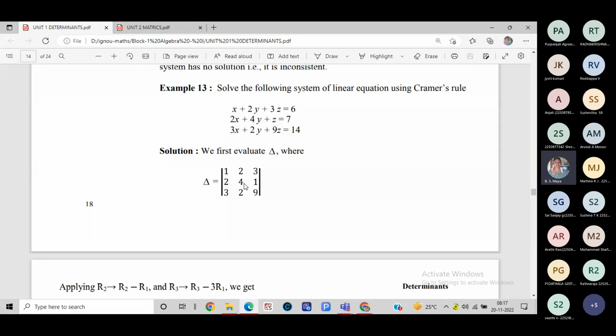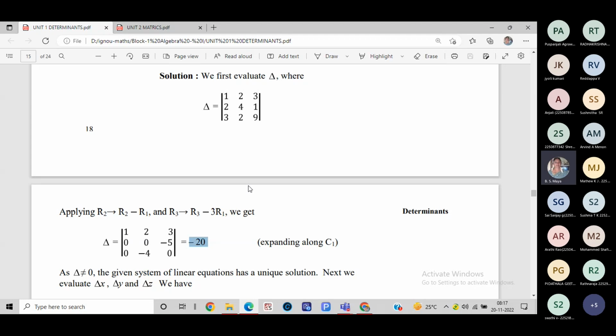Can you find the answer? What is delta x now? 6, 7, 14. You apply this one. Can you find the answer for that? Minus 34.